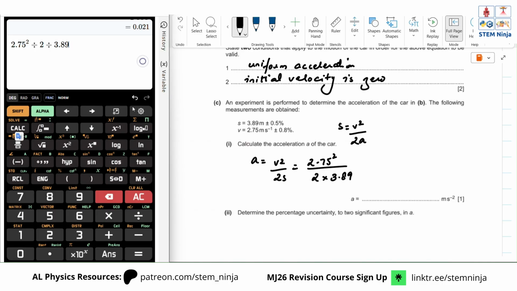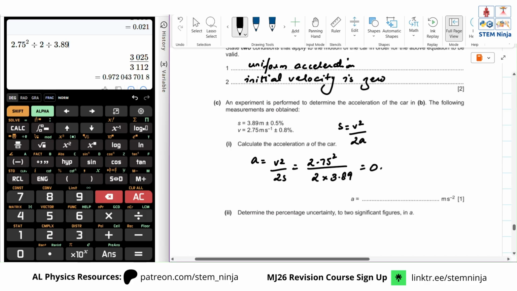So this would be 0.972, can be written as 0.97.